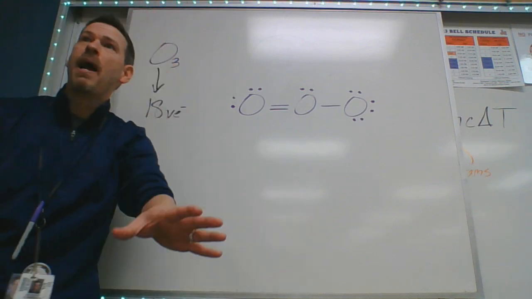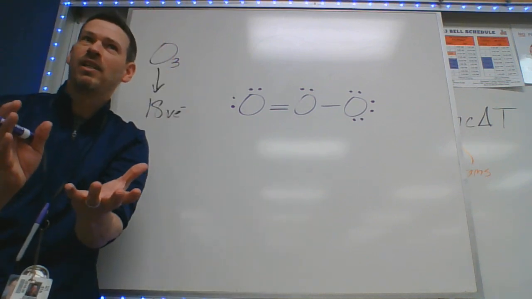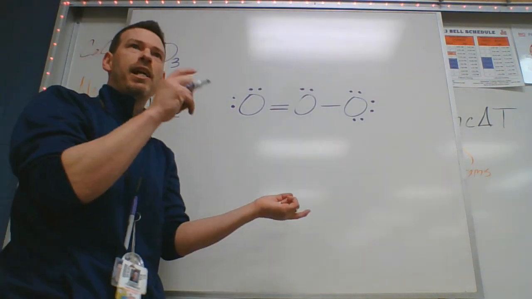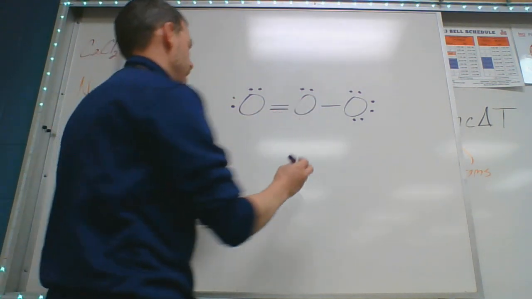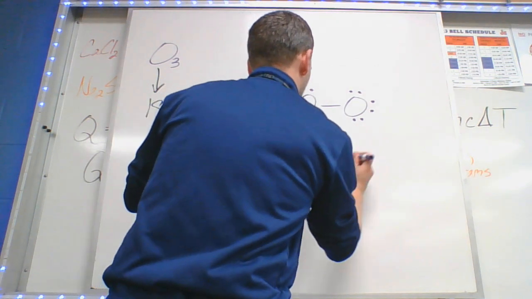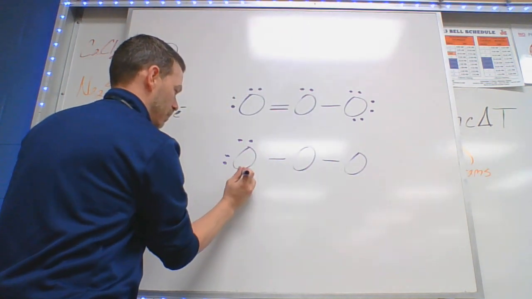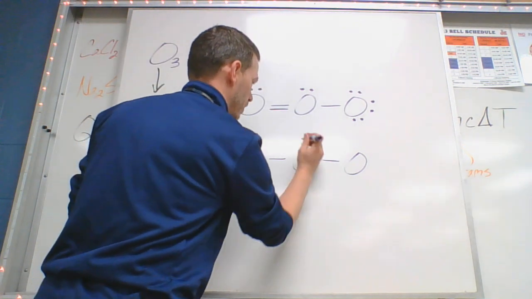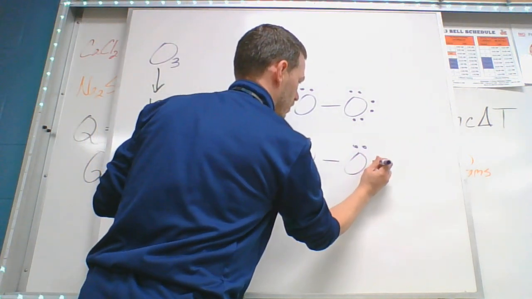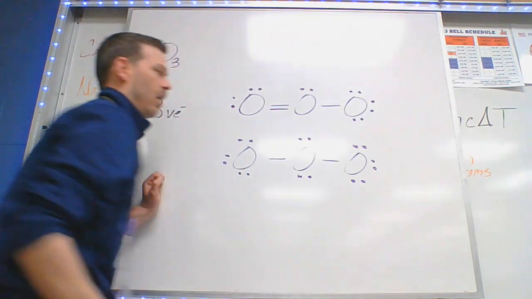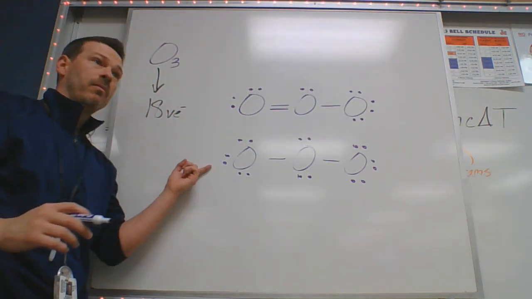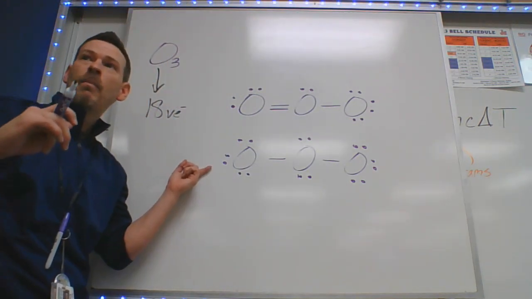But here's my point. Here's what we're really going to look at. If we rewind 10 seconds, I'm going to redraw what we first had. We were there, and we said we need to erase 4 dots and add 1 bond.